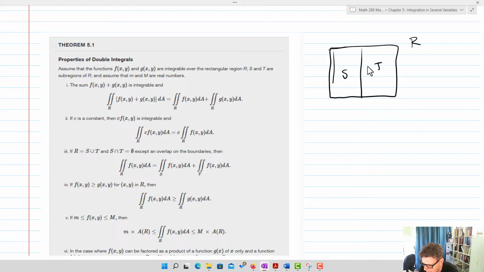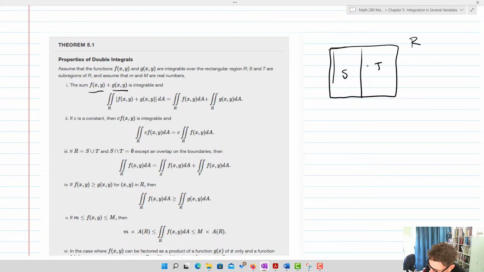And assume that little m and big M are real numbers. The sum, f of xy plus g of xy, is integrable. We want to make sure that if each one of them is integrable, then their sum is integrable.